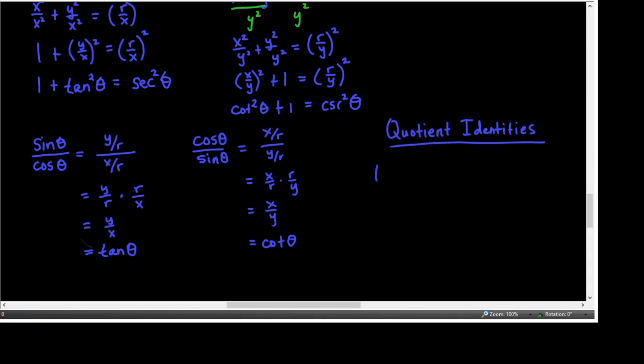That is, tangent of theta is equal to the quotient of sine theta over cosine theta, and cotangent theta is the quotient cosine theta over sine of theta. Okay, and again, these are to be memorized, so make sure that you're doing those memorizations.